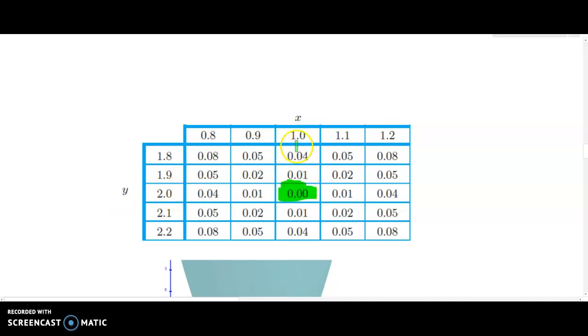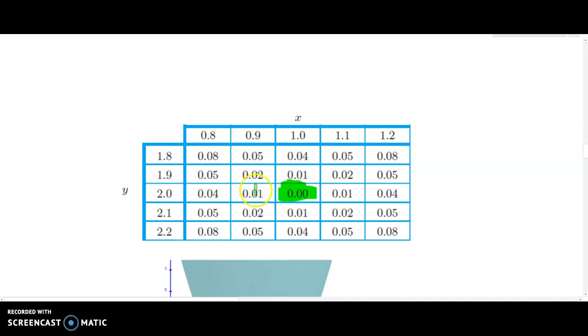And what I want to do is look at the surrounding points. So if I look really close to x equals 1, x equals 0.9, x equals 0.8, and a little bit further to the right, 1.1 and 1.2, and then I also look at y values that are very close to 2, what I want to look for is what are the z values around points surrounding (1, 2, 0).